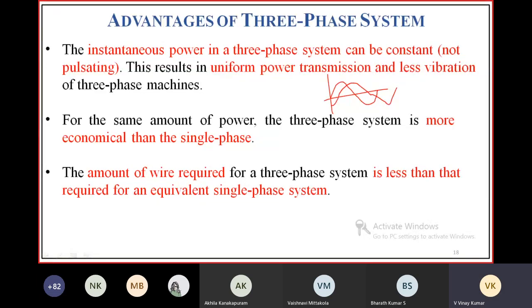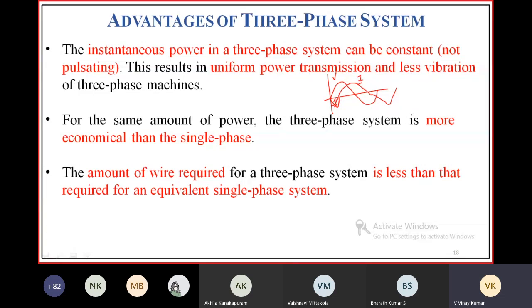So what will be the instantaneous power? This is voltage, this is current. If you multiply both instantaneously, then from here to here you get negative like this.